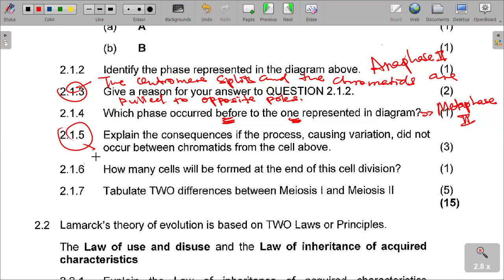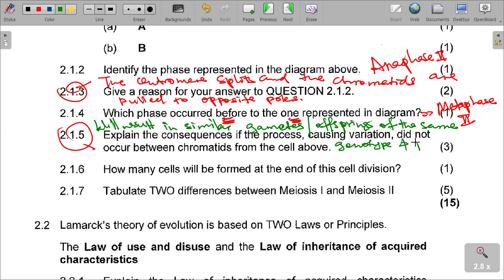It will result in similar gametes, and then offspring of the same genotype and phenotype will be produced.